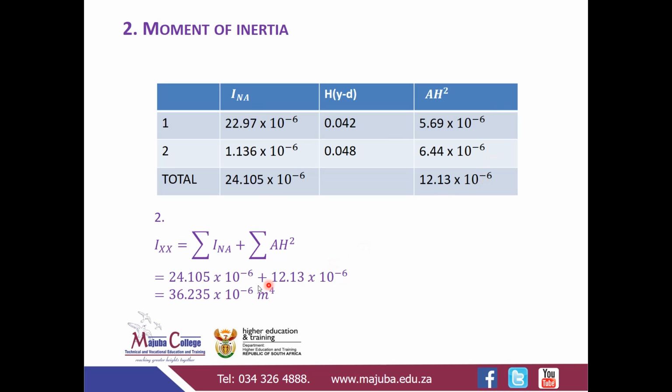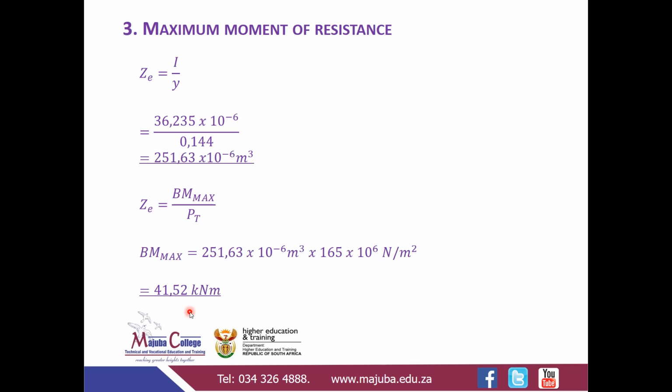So this is the inertia for the combined sections of our compound beam. Now let me see if we can go forward. All right, let's just do number 3.